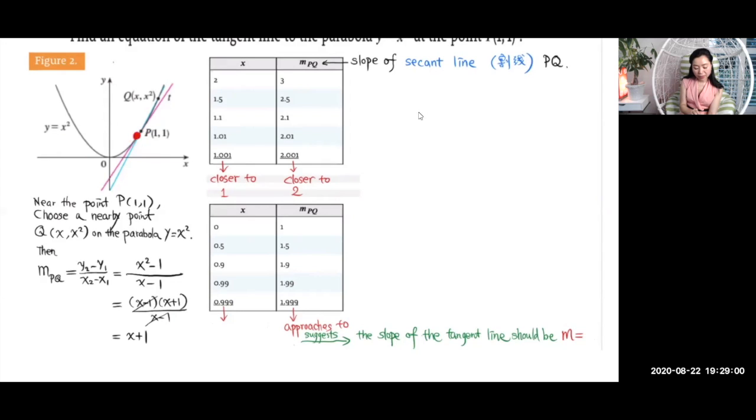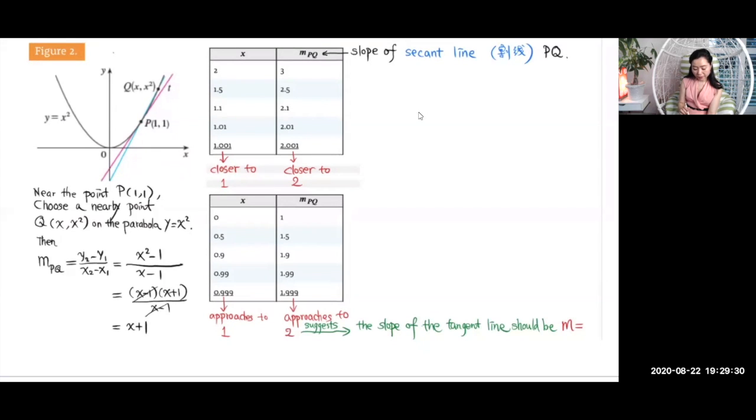So on the left side of P, but getting closer and closer to P. Now what happened when x approaches 1? What happened to the slope for the secant line PQ? Looking at the pattern, it looks like it is approaching 2, right? So this suggests that the slope for the tangent line should be m equal to 2.